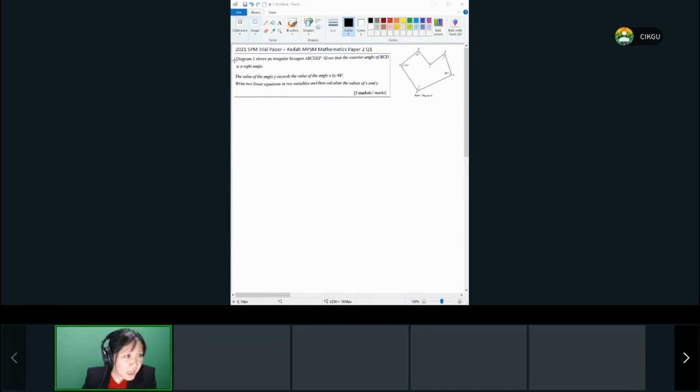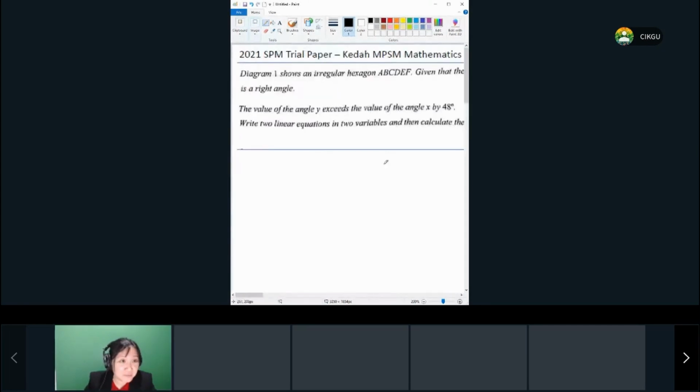Diagram 1 shows an irregular hexagon. For those who are studying BM in school, I did find out the translation for irregular hexagon. See, have to learn. Zoom in.